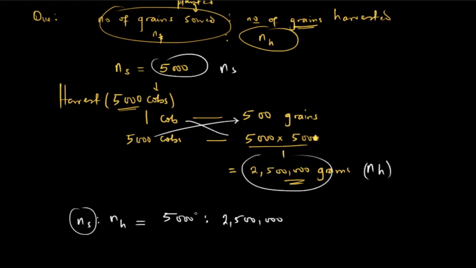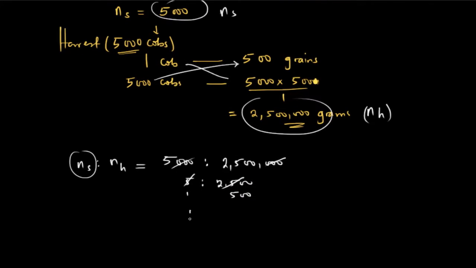So from here, this 3 crosses this 3, so you are left with 5 ratio 2,500, and then 5 in 5 is 1, 5 in 2,500 is going to give you 500. So our final ratio is going to be 1 ratio 500. So this is the ratio of the number of grains sold to the number harvested, 1 ratio 500.